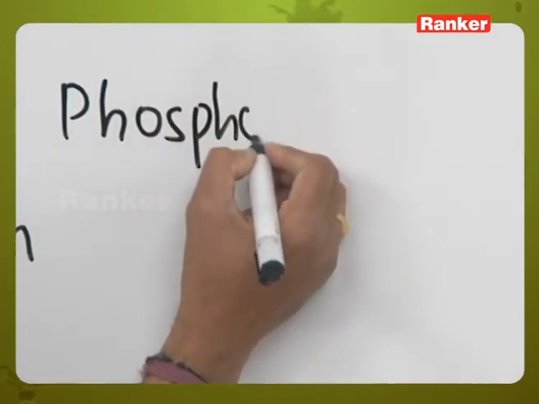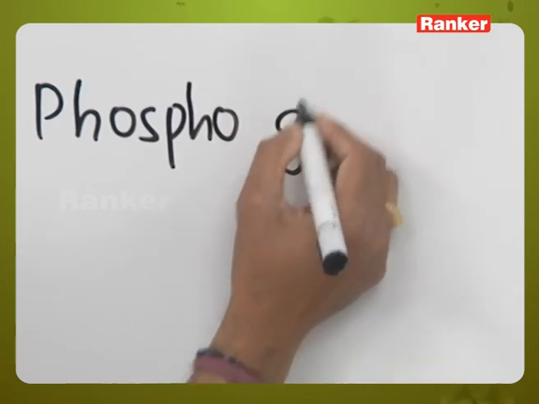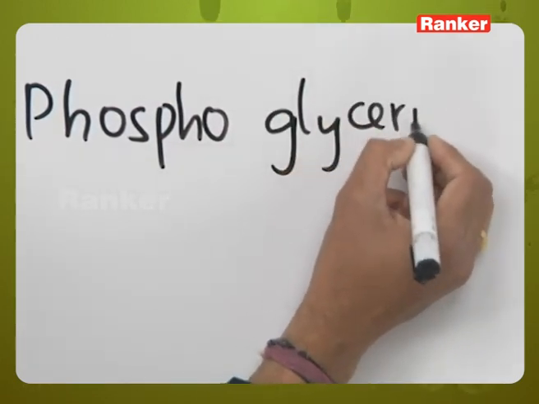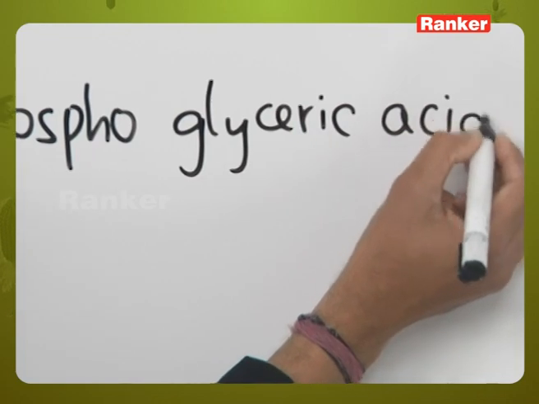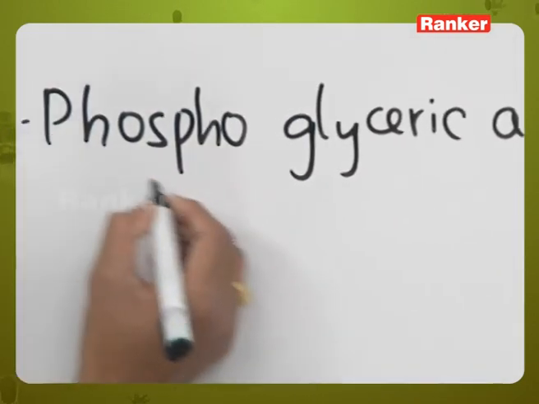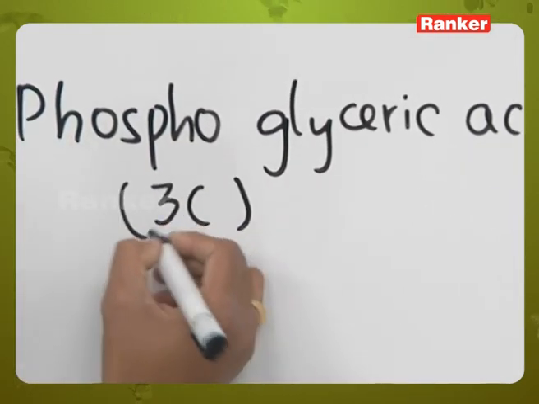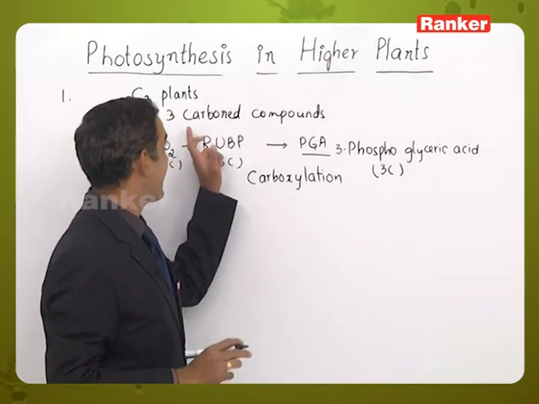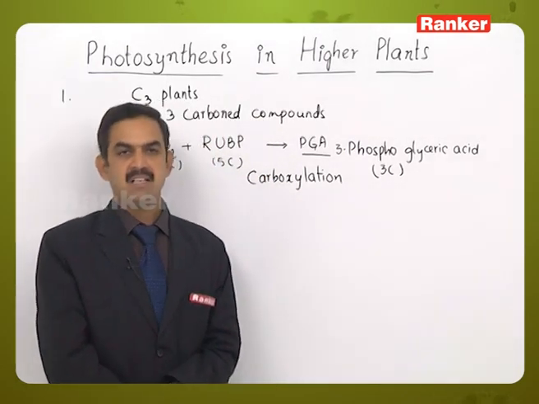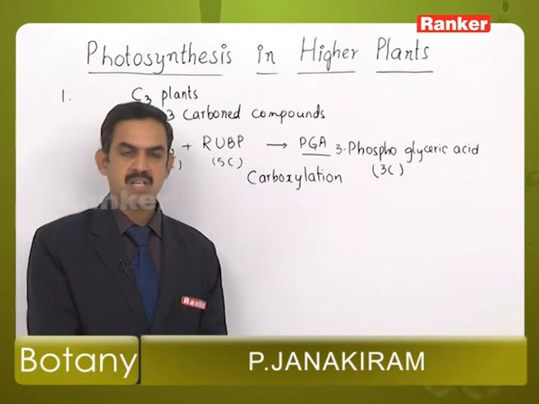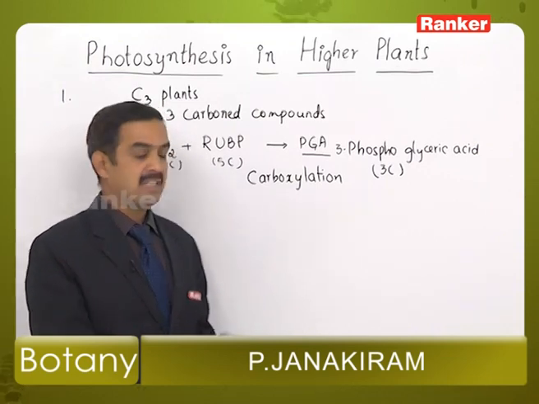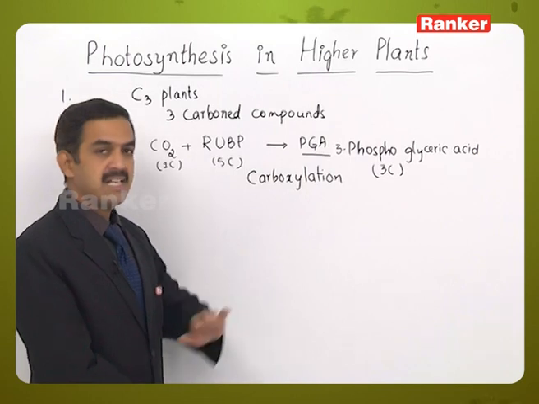Otherwise we can call it 3-phosphoglyceric acid or glycerate also. As this is a 3-carbon compound, we call these plants C3 plants. And related to the question, the immediate product of carboxylation in C3 plants is phosphoglyceric acid.